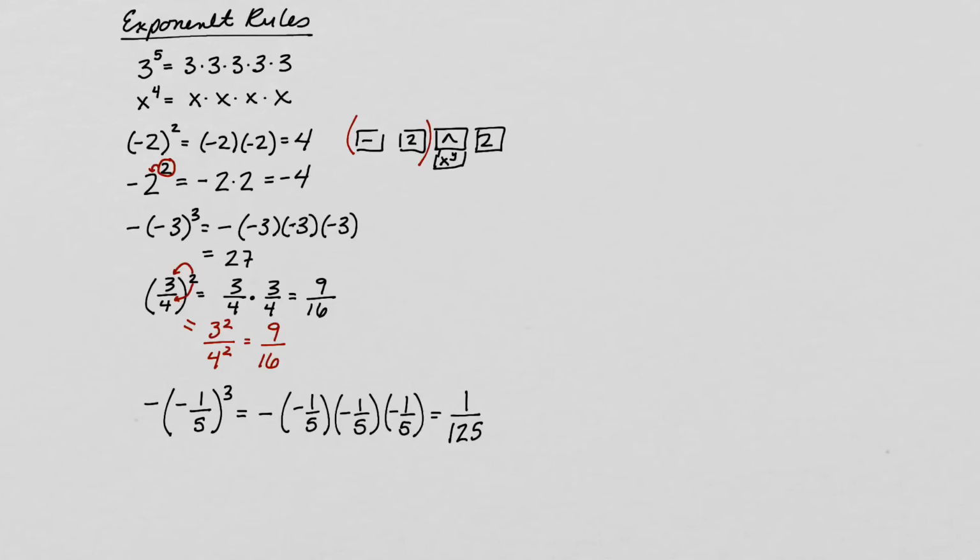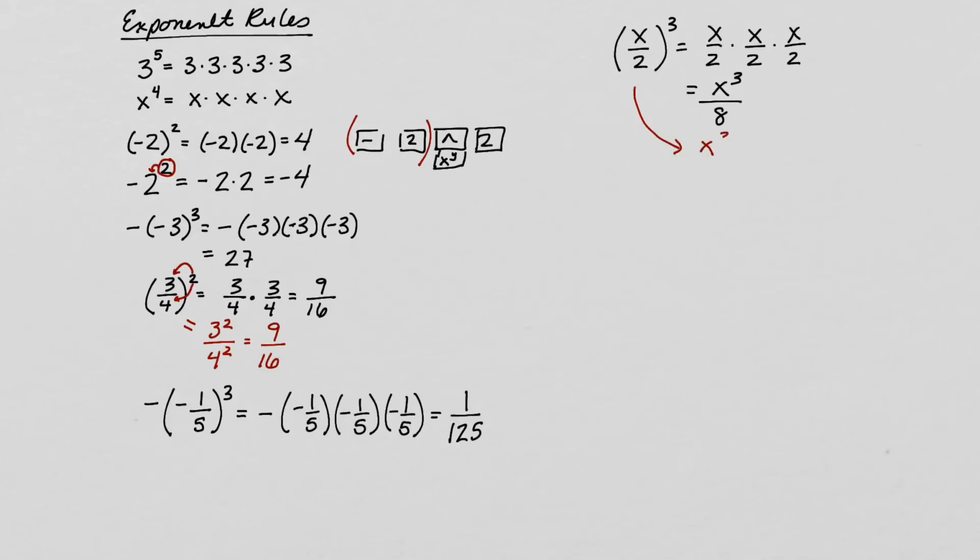Let's see. So the same thing works too with x's. So if you had x over 2 cubed, that would mean x over 2 times x over 2 times x over 2, or x times x times x is x to the third, right? There's 3 of them being multiplied together, and 2 times 2 is 4, and 4 times 2 is 8. So on the bottom you'd have an 8. And again, you can get to it by just distributing that exponent.